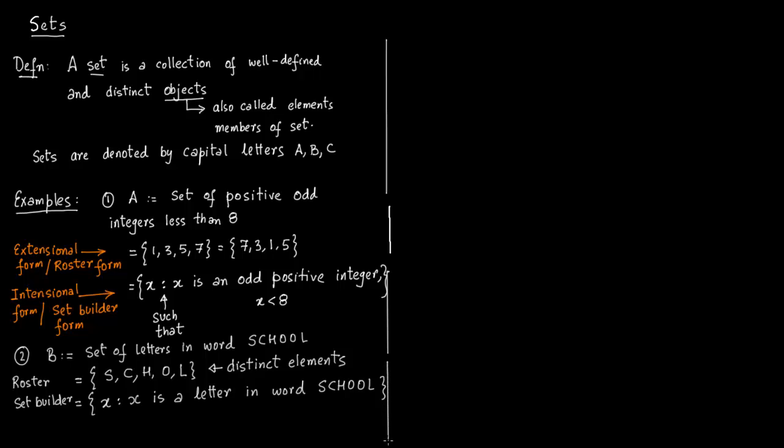Now we want to talk about another kind of set, which is the set of solutions of an equation. Let us write this down. You can also talk about sets which are solutions of equations. For example, if we have an equation like x square minus 1 equals 0, we can talk about its solution set.